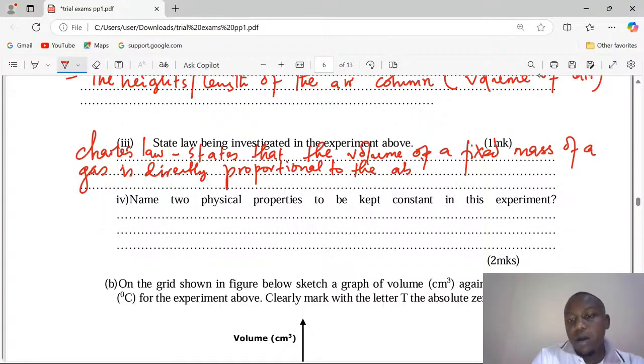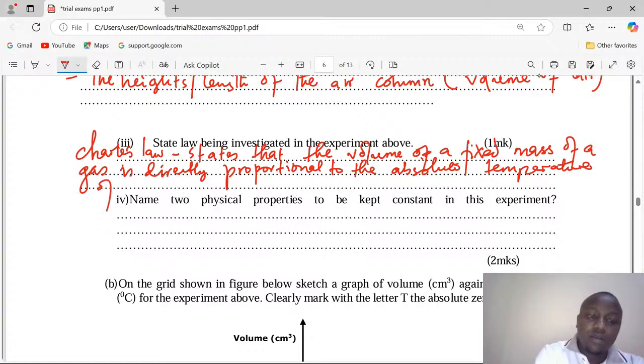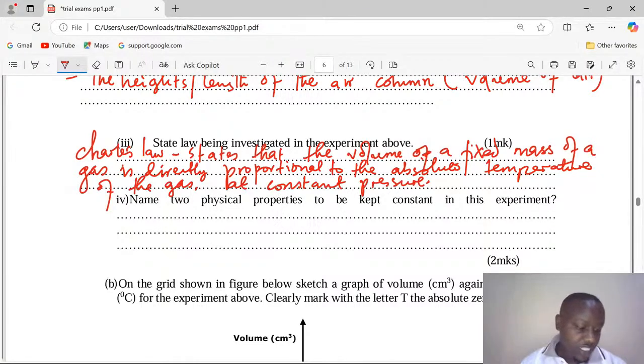at constant pressure. At constant pressure. Very key. It's a very key statement.